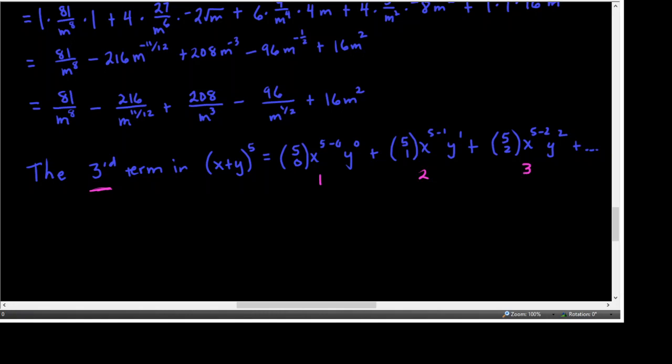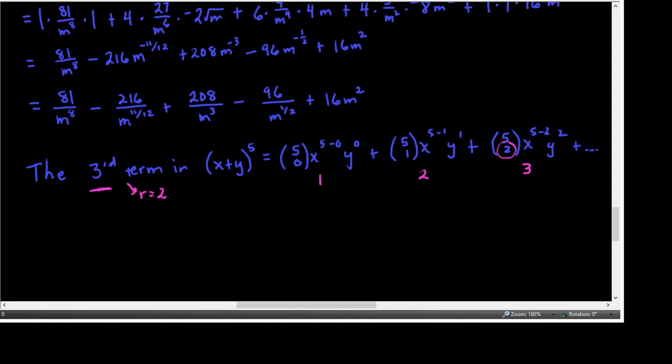And what I want you to pay attention to is, if I'm saying a particular term, like the third term, that means that this number r is 1 less than that. Okay? It's 1 less than that. So if I'm asking for the third term, that means r is 2.